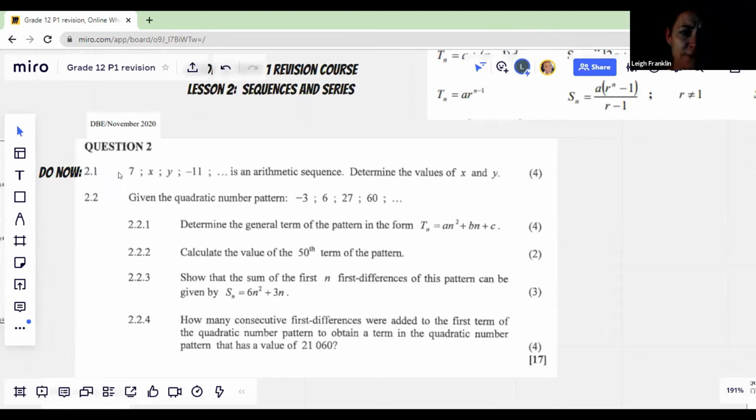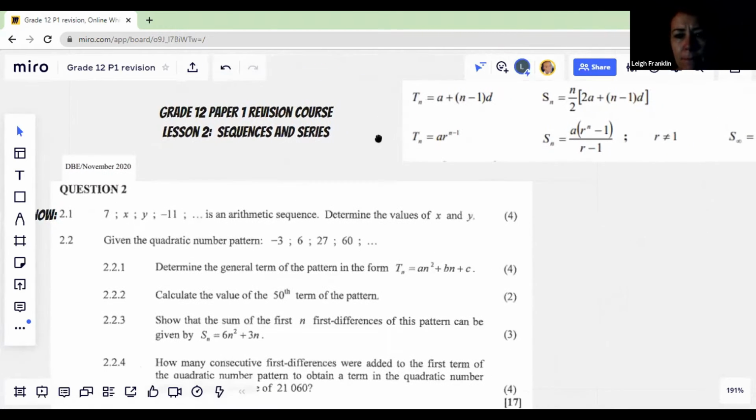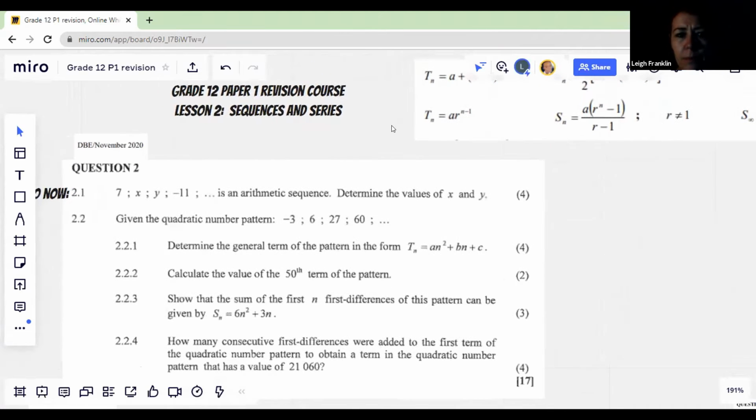As far as the first question is concerned, we want to work out the values of X and Y. Anybody got any ideas as to what the starting point of this is going to be? Anyone want to share an idea?